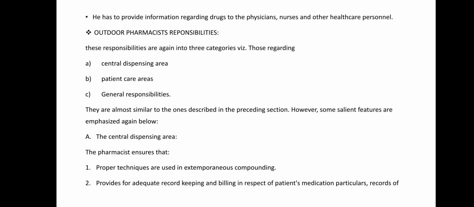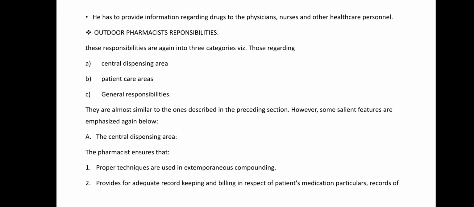Lastly, there are the outpatient pharmacist responsibilities. In this also there are three categories, actually four, but they have been clubbed and presented in three categories, that is central dispensing area, patient care areas, and general responsibilities. In the central dispensing area, the pharmacist will have the same responsibilities.